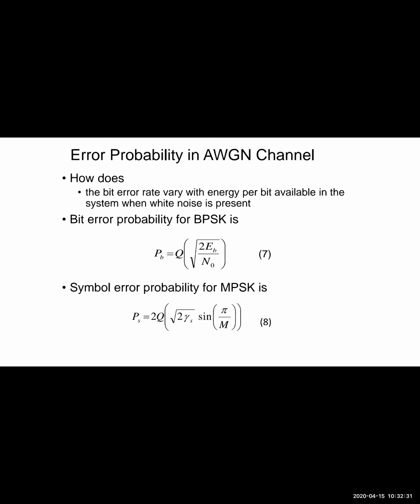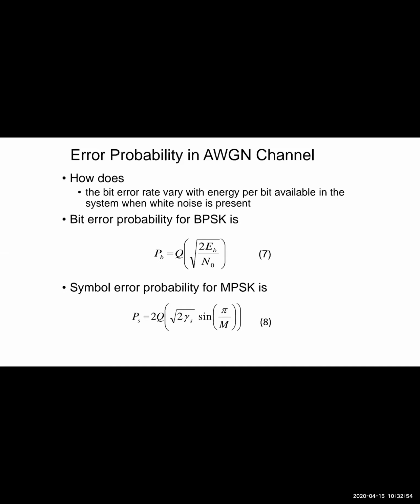If it is MPSK, we can determine the D minimum. The determination of the D minimum comes from the constellation diagram, which is not the subject of this class. So what we do is we're going to use these equations, especially equation 8, and then work with it.